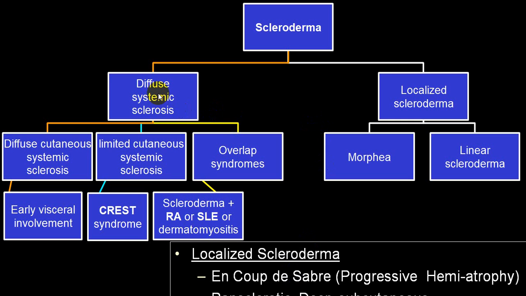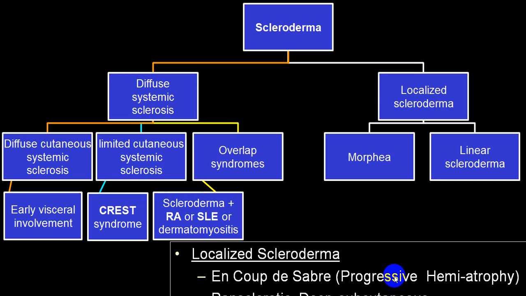So in a diffuse variety, you get diffuse systemic sclerosis, limited systemic sclerosis, and overlap syndrome. While in localized variety, morphea and linear scleroderma. And again, there is one more variety called progressive hemiatrophy, which is called pansclerotic variety and deep subcutaneous variety.